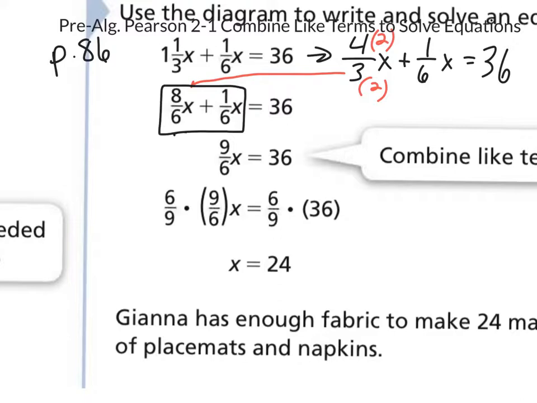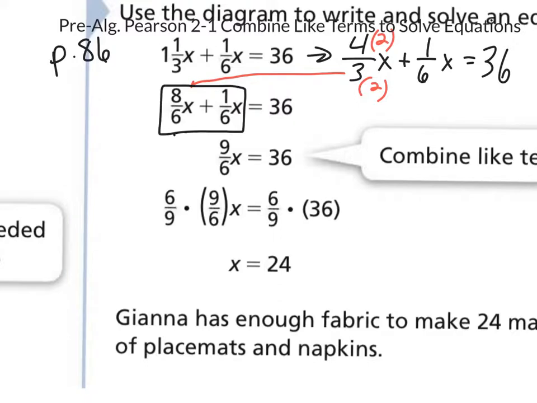So when I get to a point like this where I have a fraction coefficient, 9/6 right in front of the x, I could multiply by the reciprocal. 6/9 times 9/6, if you don't reduce, you'll get 54 over 54. 54 54ths, that's the same as 1. 1x, that's the same as x. So that's one way of doing it.